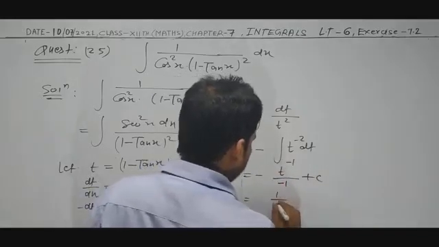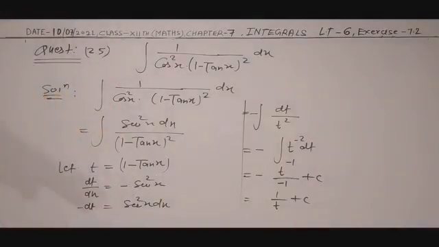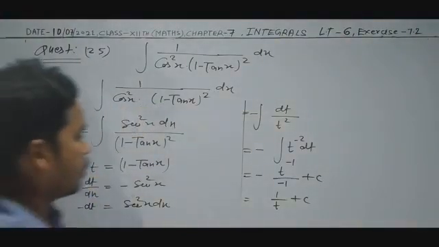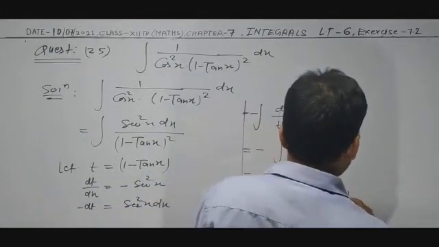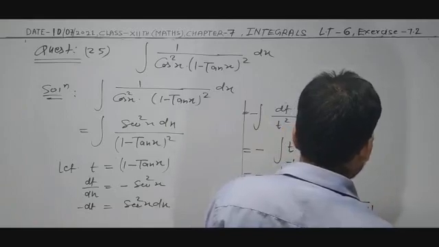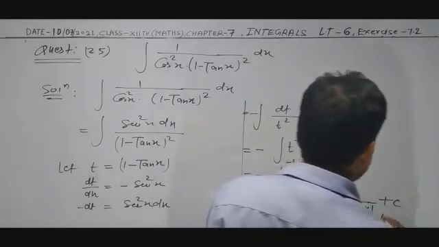So this calculation goes to 1 upon t plus c, and t is 1 minus tan x. So answer will be 1 upon 1 minus tan x plus c. This is the answer.